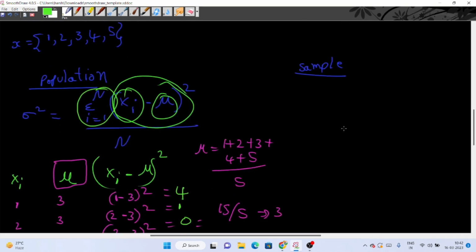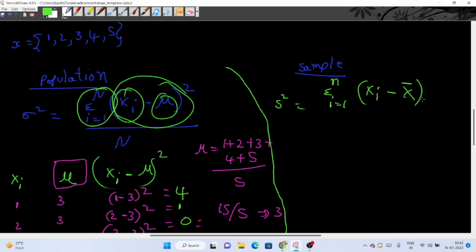But now let us do the same for this sample, and also let's see what will be the answer. First, let us write the formula for sample, which is S square is equal to, from sigma i is equal to 1 to small n, xi minus x bar whole square by n minus 1.